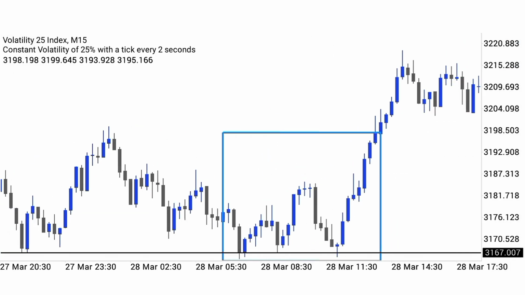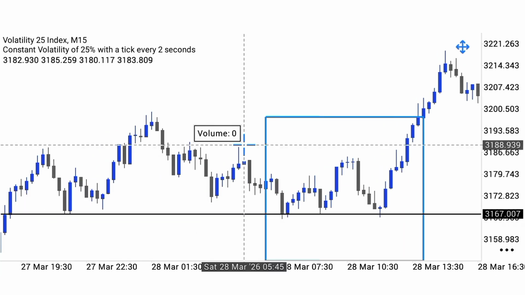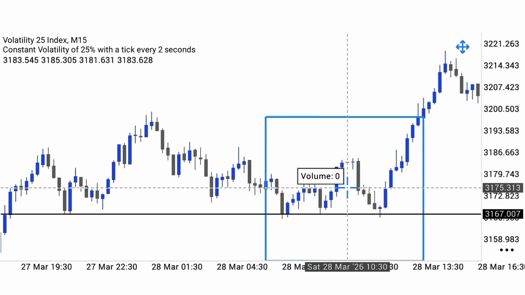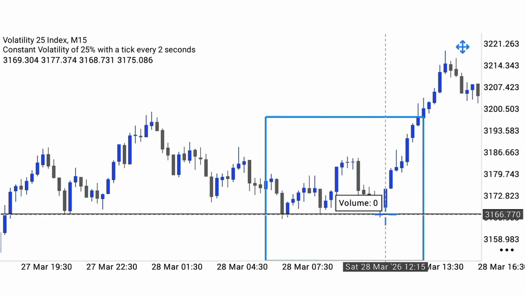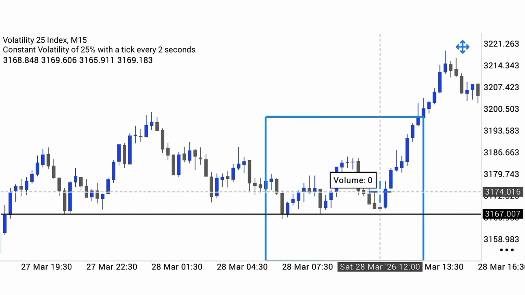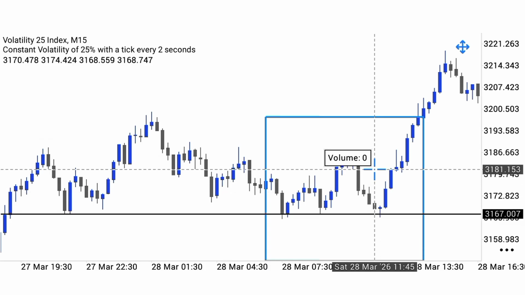At this low, this is where you want your market to get to. So now you want the market to break through this low. You can see we want the market to break through this low.